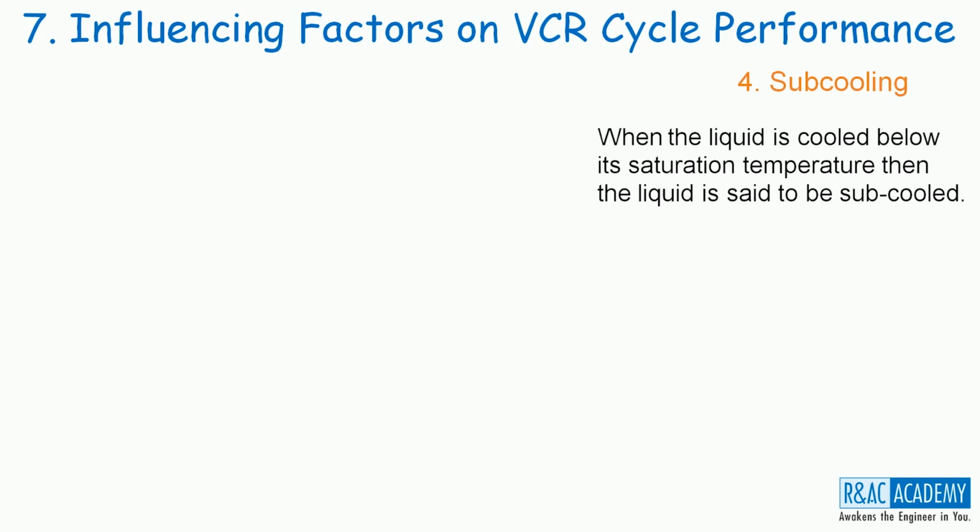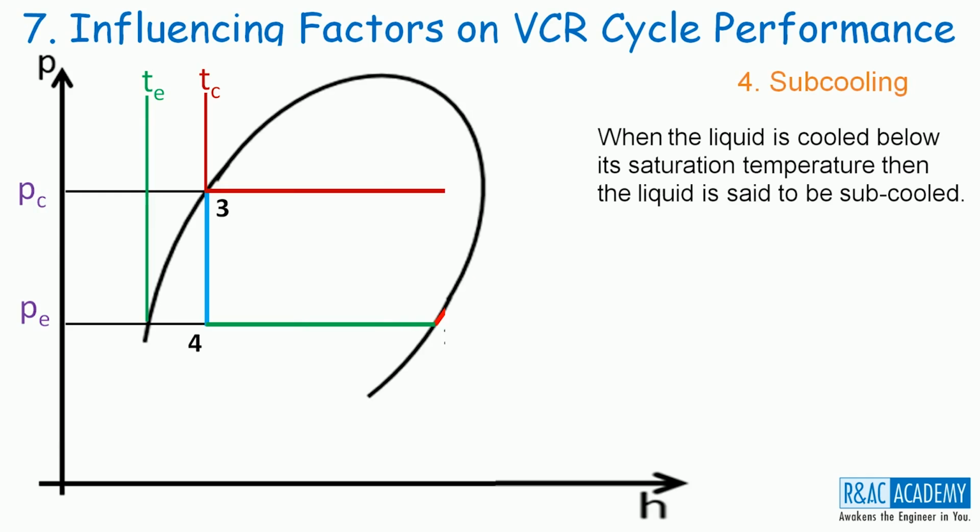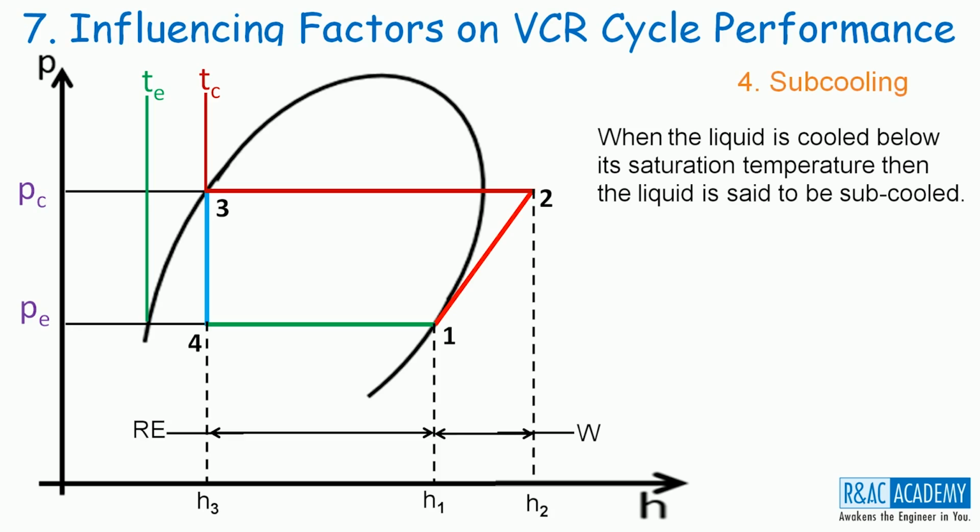To understand this, let us pull up the pH diagram with the baseline VCR cycle 1, 2, 3, 4 plotted on that. Let PC, PE be the operating pressures and TC, TE be the operating temperatures. Also, let RE and W be the refrigeration effect produced and work input given to the baseline cycle.